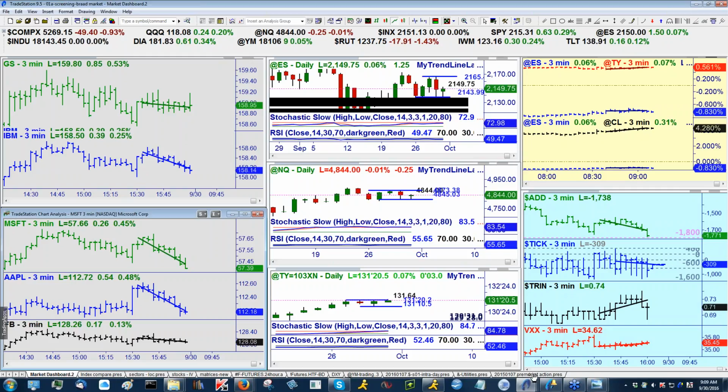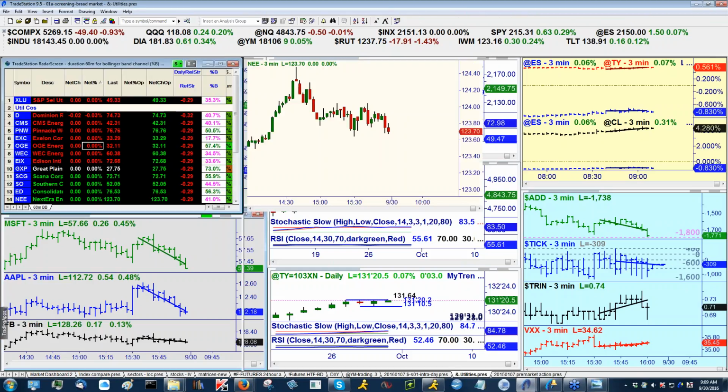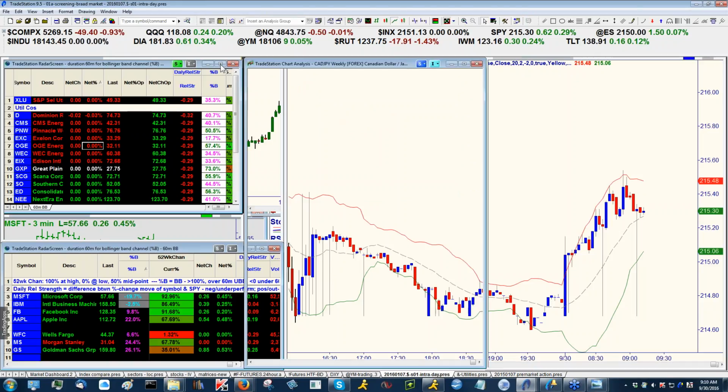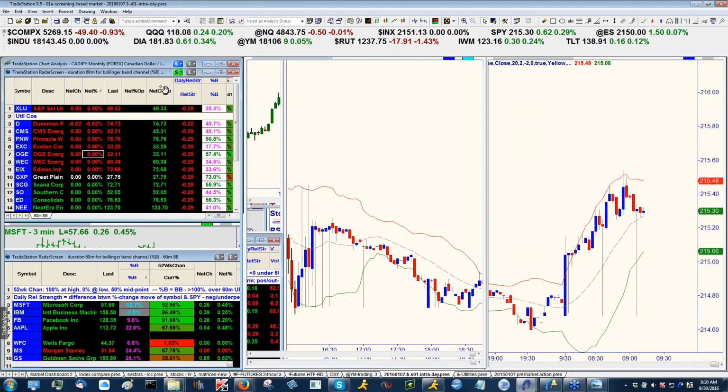One last thing. One of the things that I also like to look at once the market's rolling is, I don't know why my system is locking up here. All right, if you can see here though, here is my watch list, and this is the one for the utilities.